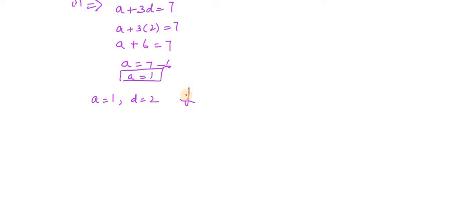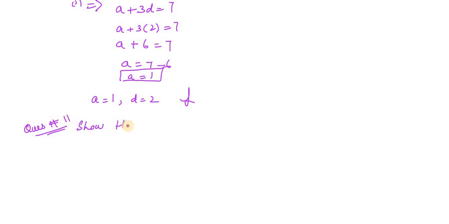Question number 10. In question number 11, show that the sum of the (p plus q)th term and the (p minus q)th term of an arithmetic progression is equal to twice the pth term.